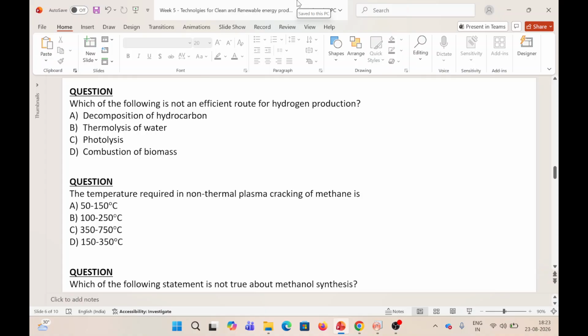Is there any specific reason why photolysis is not an efficient route for hydrogen production?